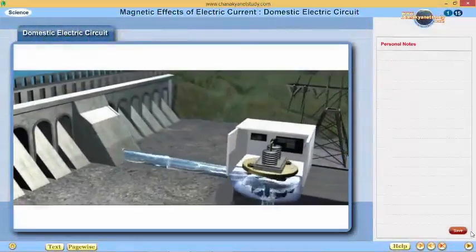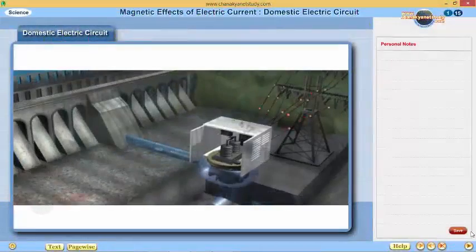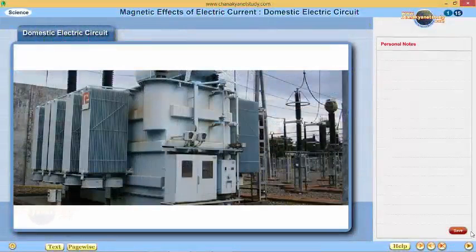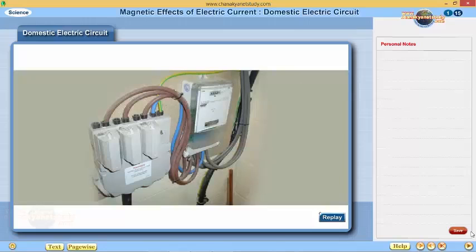Domestic electric circuit. The State Electricity Board provides the electric power supply for houses and factories.